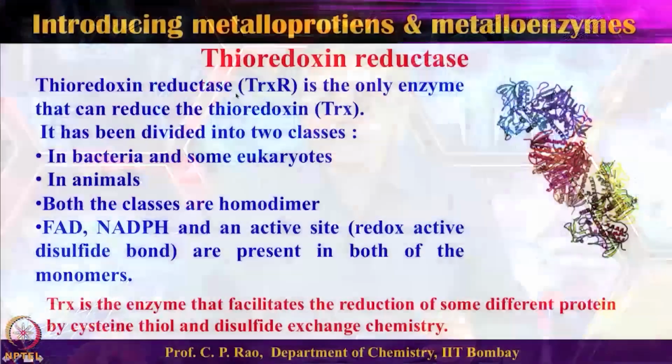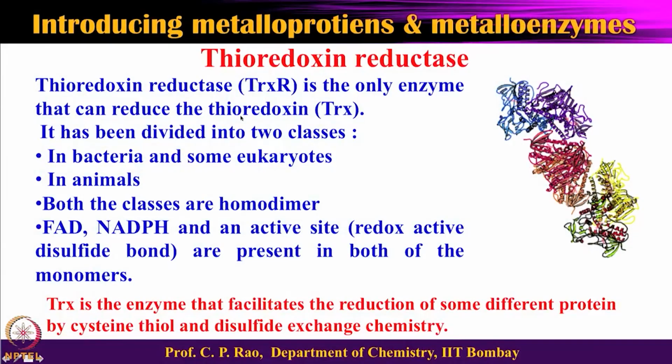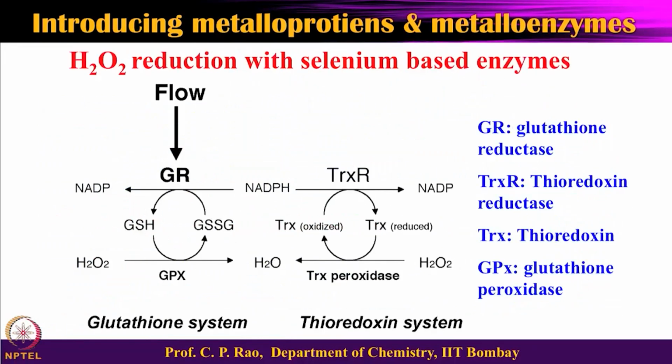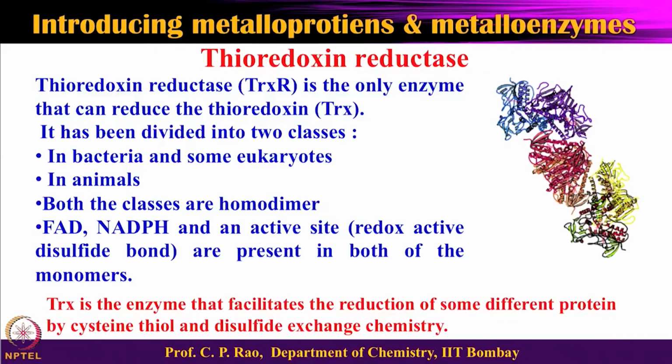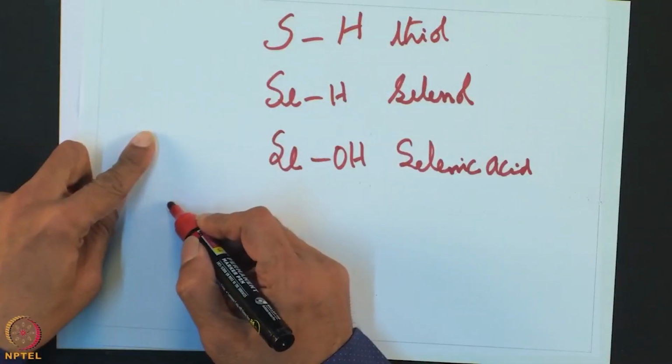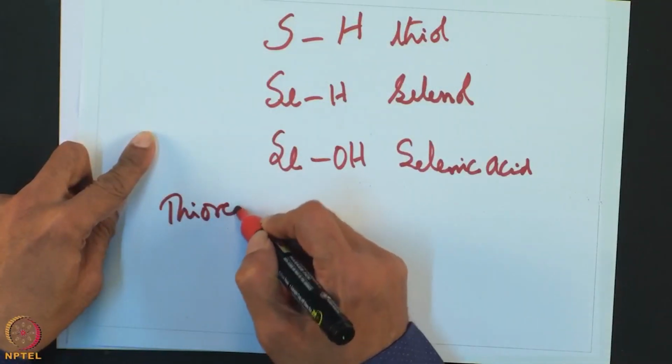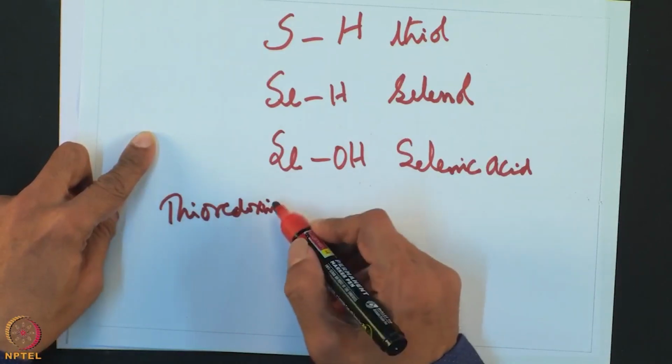Now, you have thioredoxin reductase also. As I have talked to you earlier, there are two parts there. So, this is the thioredoxin reductase, and this is glutathione peroxidase and glutathione reductase. Okay. So, now let us look for a while at this thioredoxin reductase, which is referred to as TRXR, that is thioredoxin reductase.